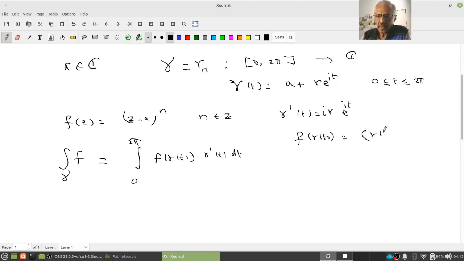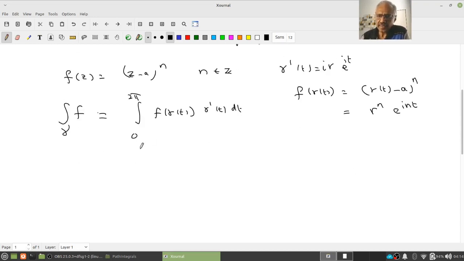This is gamma t minus a to the power n, but gamma t is a plus r e to the power i t, therefore it is r to the power n e to the power i n t. I hope I did it correctly.